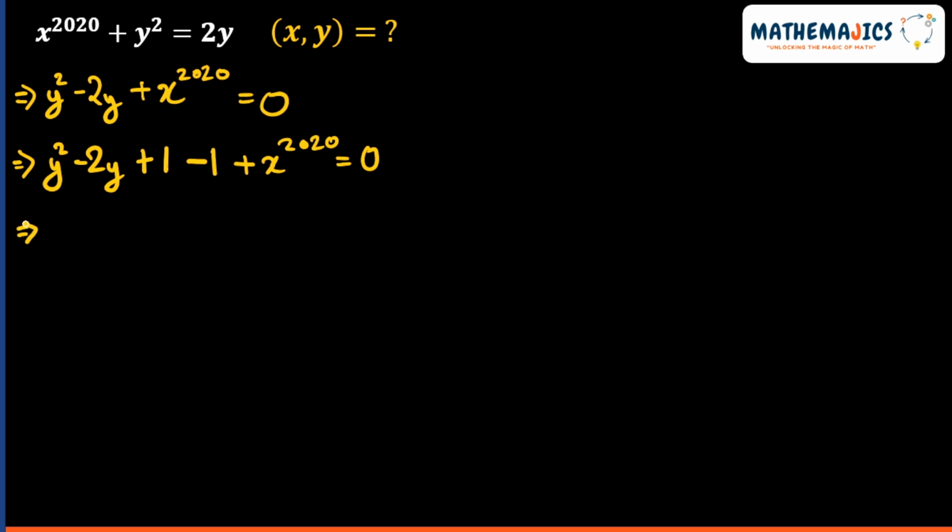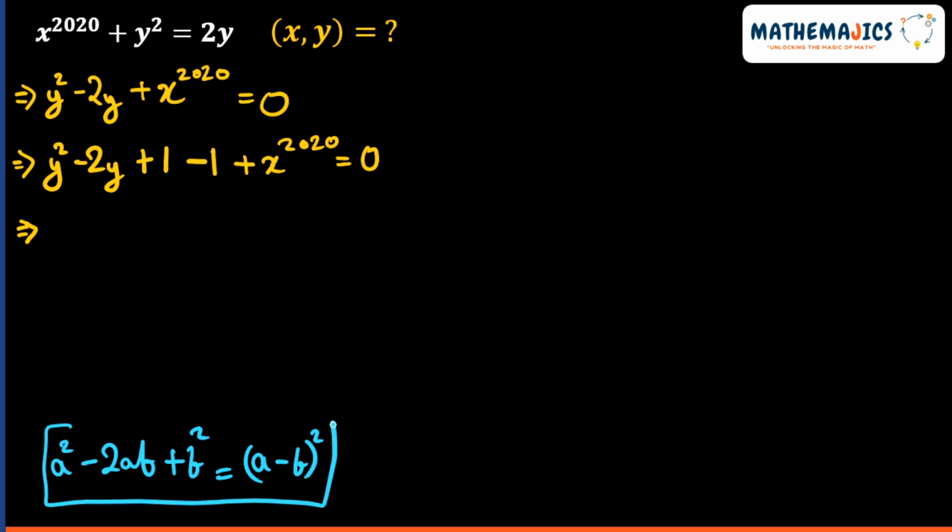Now, if you remember the algebraic identities, there is one which says a square minus 2ab plus b square is equal to a minus b whole square. Do you remember this algebraic identity? We will be using it in the next step.